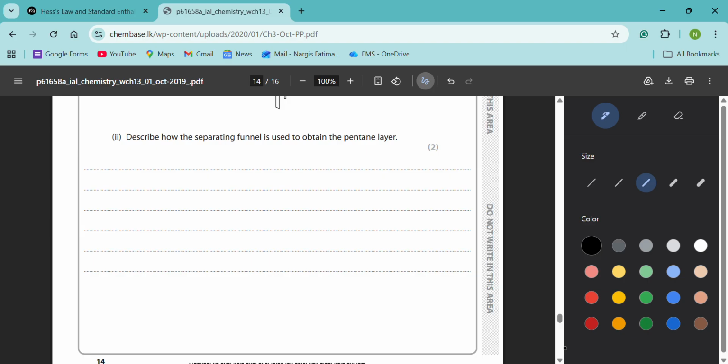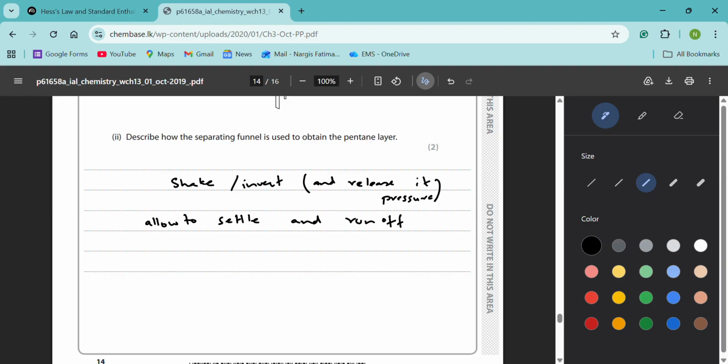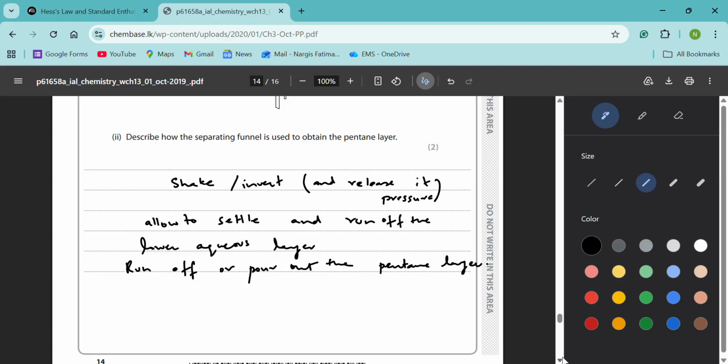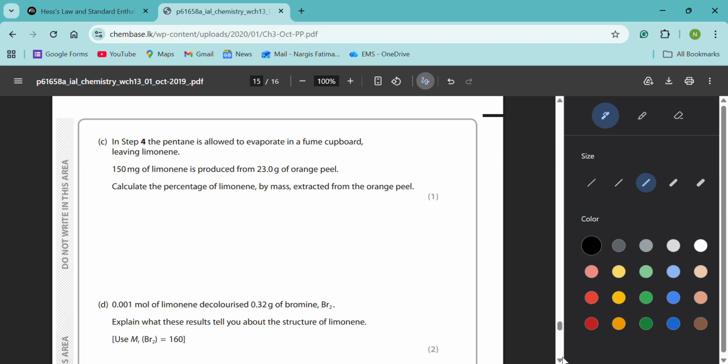Then you will allow it to settle, run off the lower aqueous layer first, and then run off the second layer, the pentane organic layer, in a separate container. So in this way you can separate both the layers.